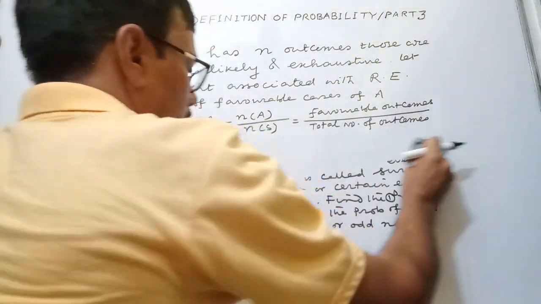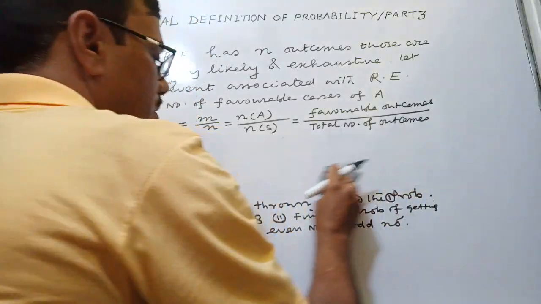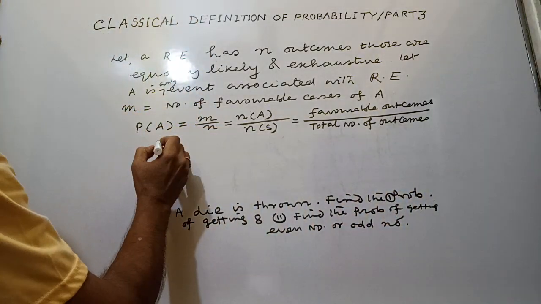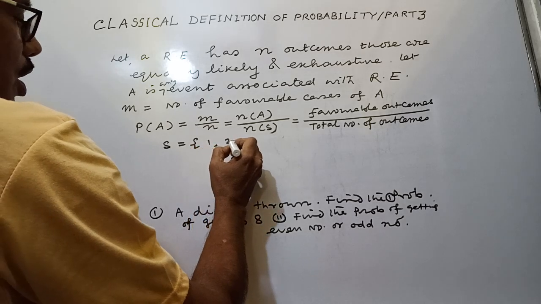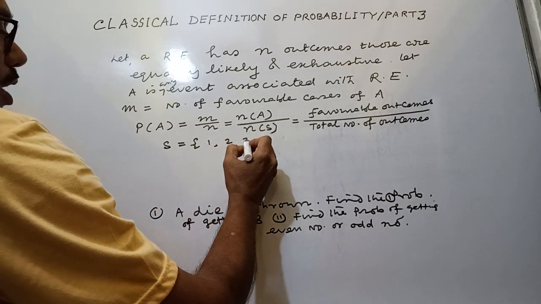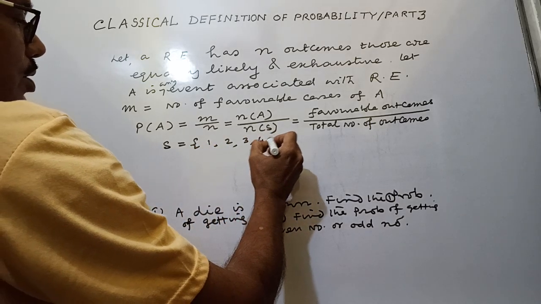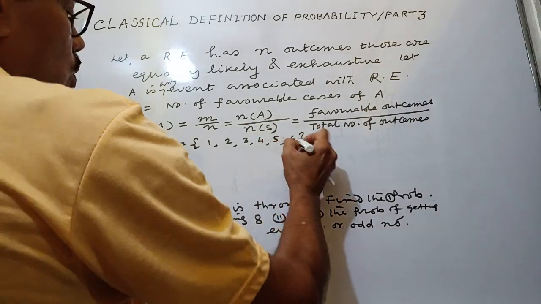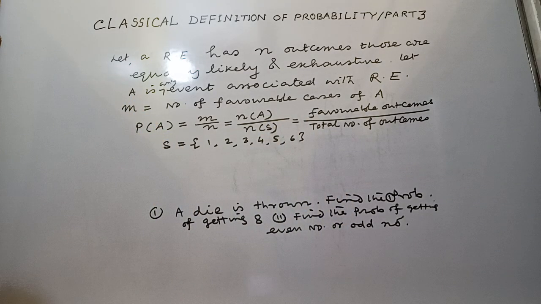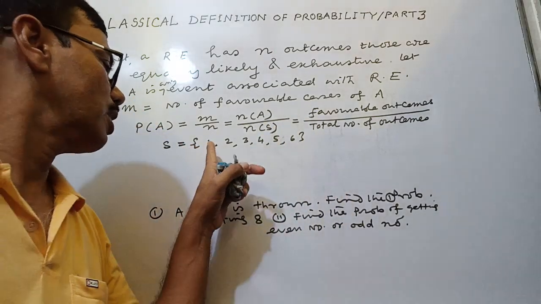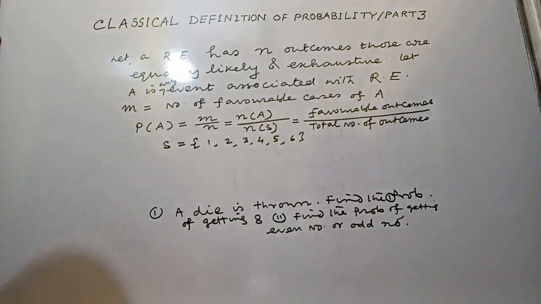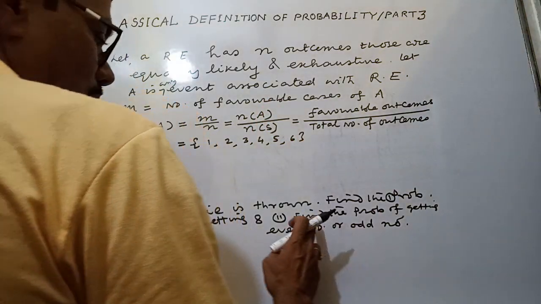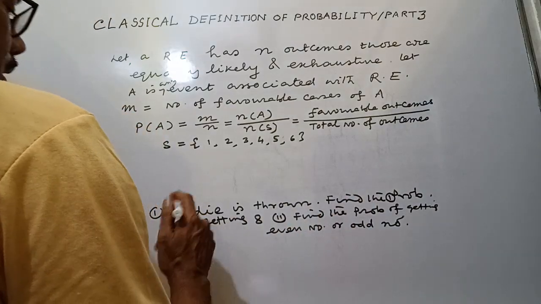Look, we are considering the simplest problem, for an introductory class of class 10 or 11. So what is the sample space? Sample space is 1, 2, 3, 4, 5, 6 for a die. Find the probability of getting 8.